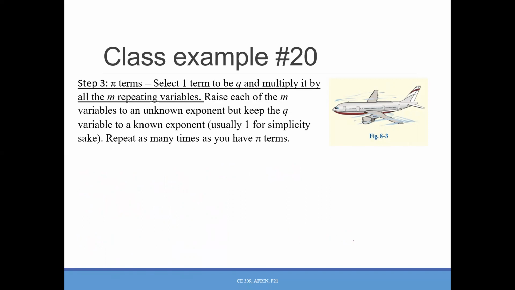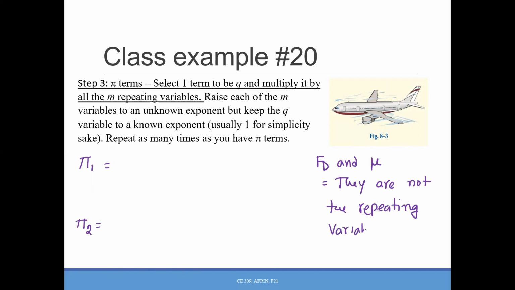Step 3, pi terms. Select one term to be Q and multiply it by all the m repeating variables. Since we have two pi terms, we will have pi 1 and pi 2. And we have Fd and the viscosity, which are not the repeating variables.